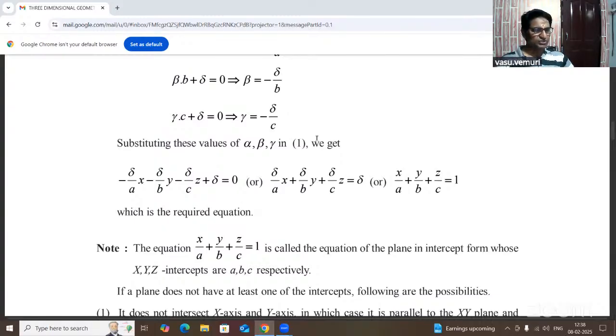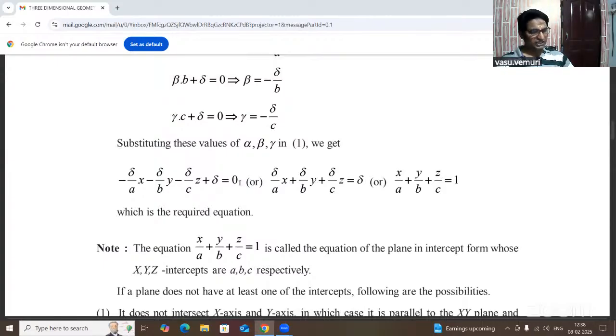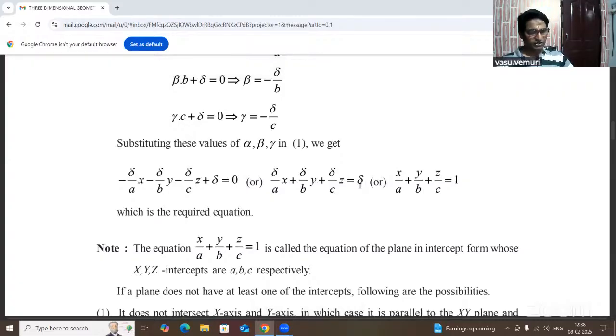Now substituting the values of alpha, beta, gamma in the first equation, we get minus del by a into x, minus del by b into y, minus del by c into z, plus del equal to 0. Minus del is common, so moving del to the other side the value is positive. So finally, x by a plus y by b plus z by c, del is common.